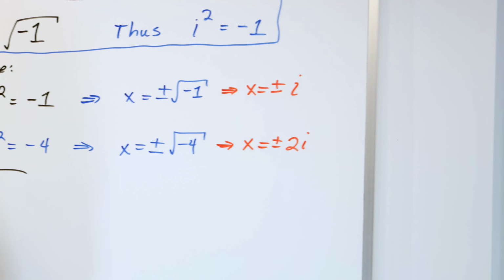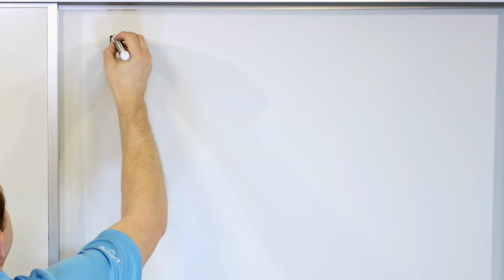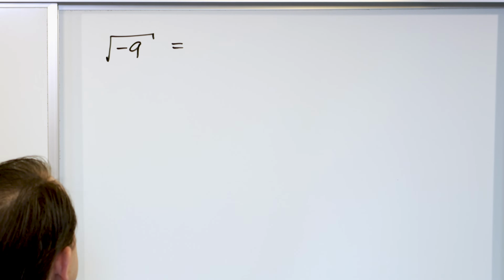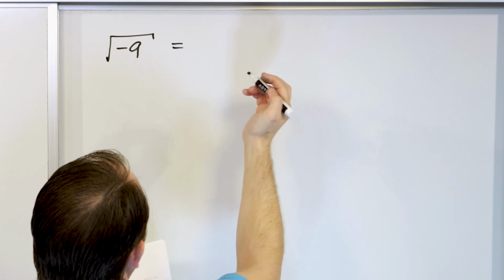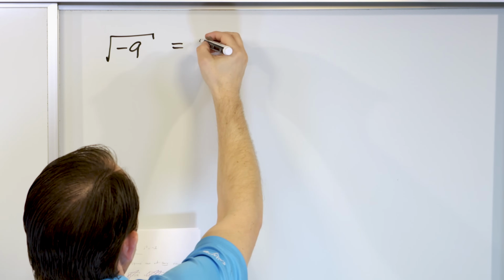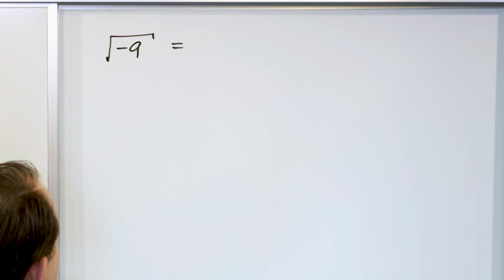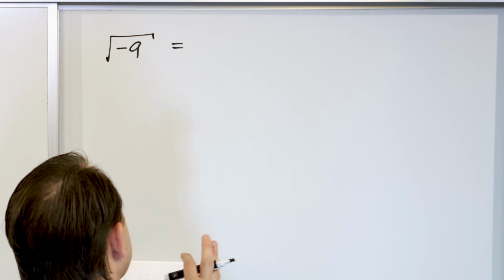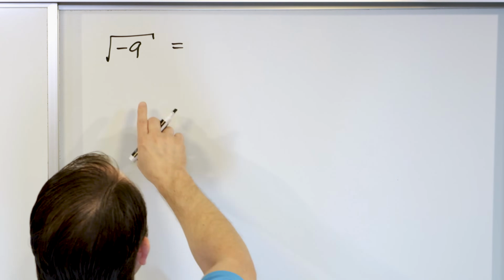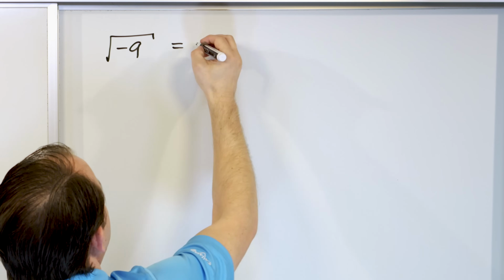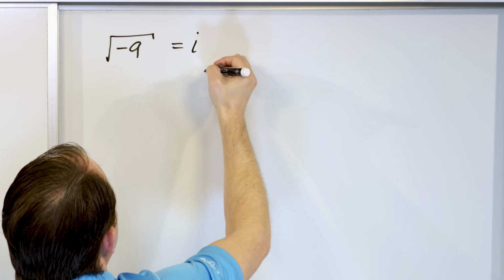Let's say we have the square root of -9. As I said, you just ignore the negative. You pretend that it's the square root of 9. You already know what that is. That is 3, right? And you know what the square root of -1 is. That's just going to be i. So let me take it a little bit more step by step. If you take the square root of the negative inside, kind of pull it out and take the square root, you're going to get the i of the -1.